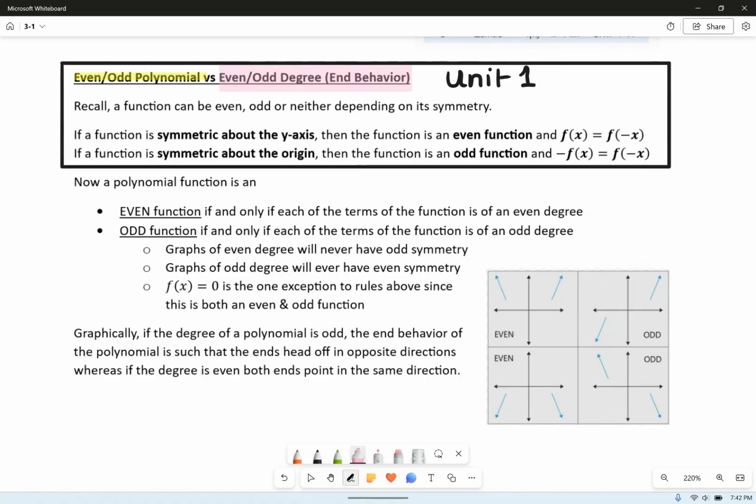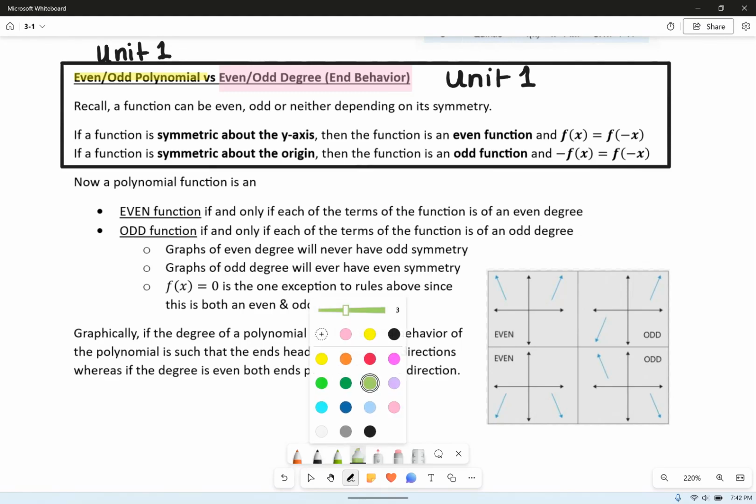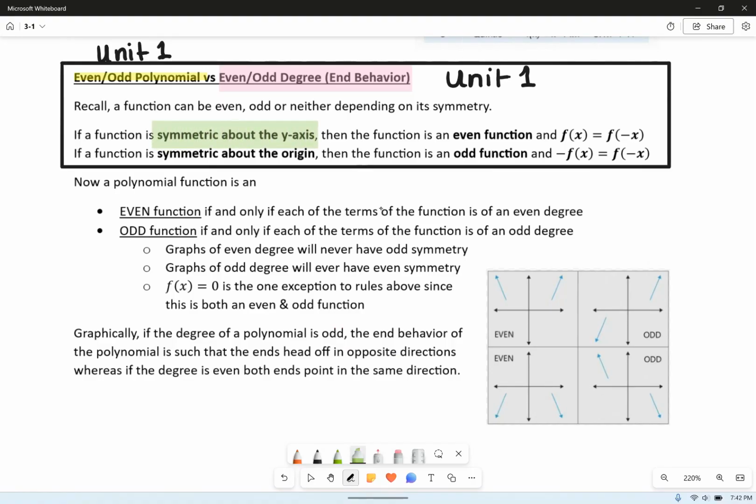Okay, so again, the Unit 1 stuff is this yellow one. So just in case you have forgotten, let's re-look at this. If we talked about symmetry, if your graph was symmetrical about the y-axis, remember if it was a mirror image over the y-axis, we knew that it was going to be an even function.